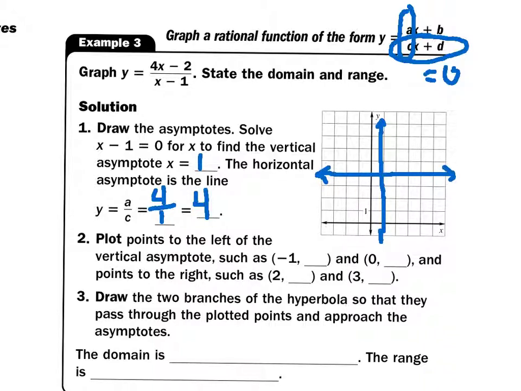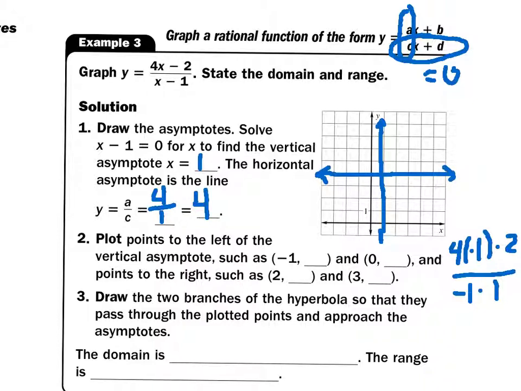Now, again, I'm just going to pick points and fill in my numbers. It's a little bit harder now because I have x's on the top and the bottom. But we can do that. If I put in -1, I will have 4 times the -1 minus 2 over -1 minus 1.